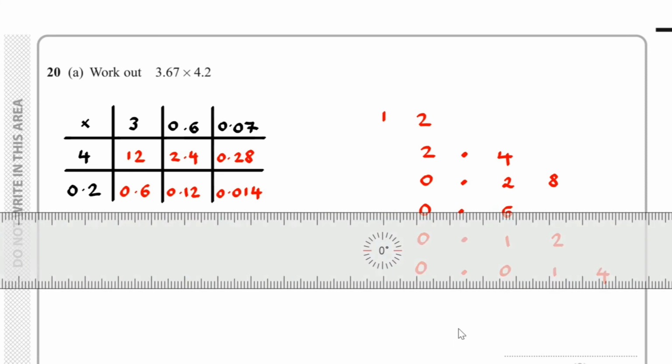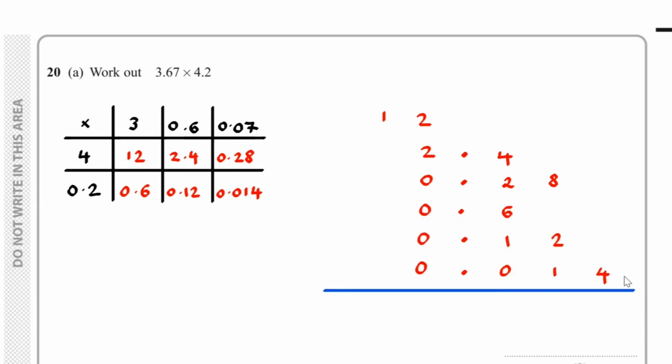All of this needs to be added together. So we will add all of this together.